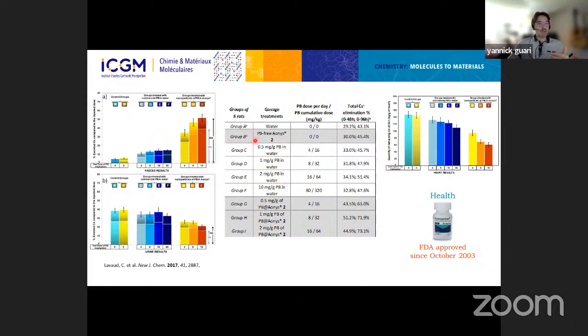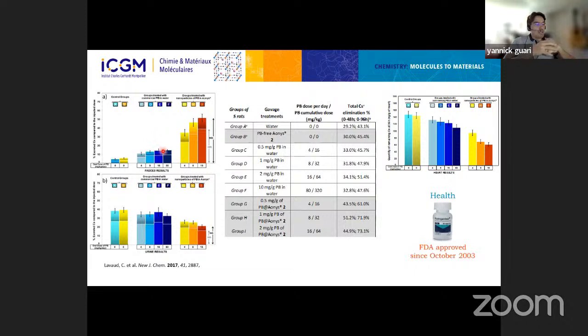Group B was treated only with the oily formulation without Prussian blue, and group A treated with water only. So you can see that there is a clear increase of excretion through the feces for the formulation of Prussian blue compared to Radiogardase, with, in the most favorable case, a factor 4, and with a clear dose effect for the formulation that cannot be seen for Prussian blue.